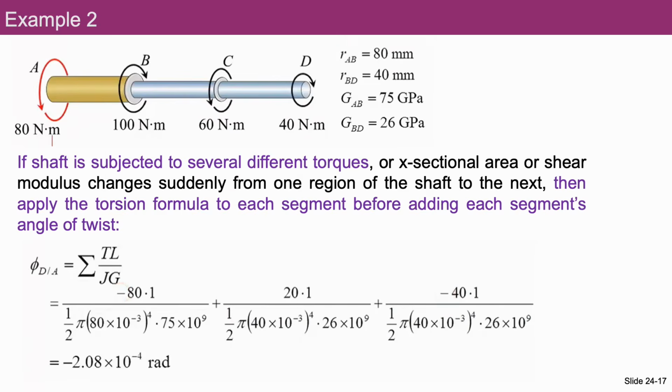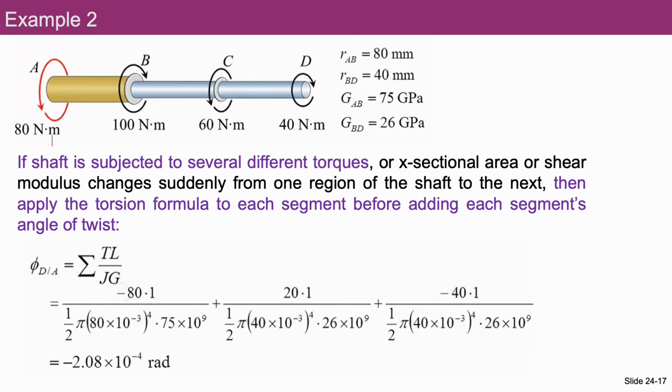Now we will calculate the overall total angle of twist of this whole AD structure. Since we have a composite structure consisting of different parts which are subjected to different torques, we need to calculate the angle of twist for each part, for the AB part, BC part, and the CD part, and then determine the total angle of twist value.